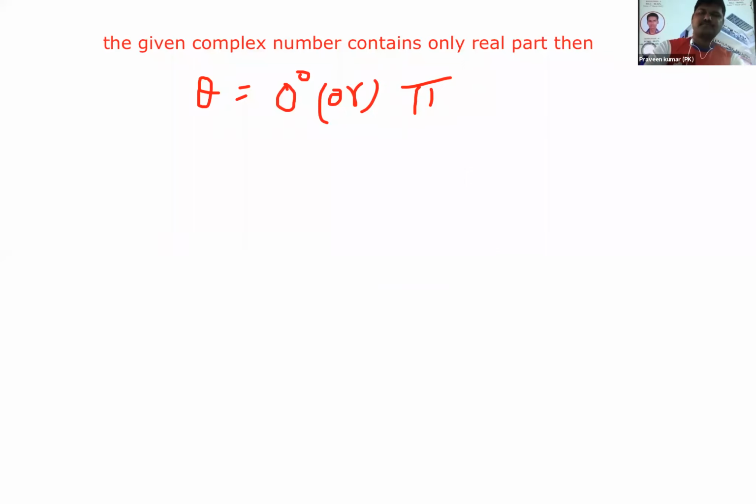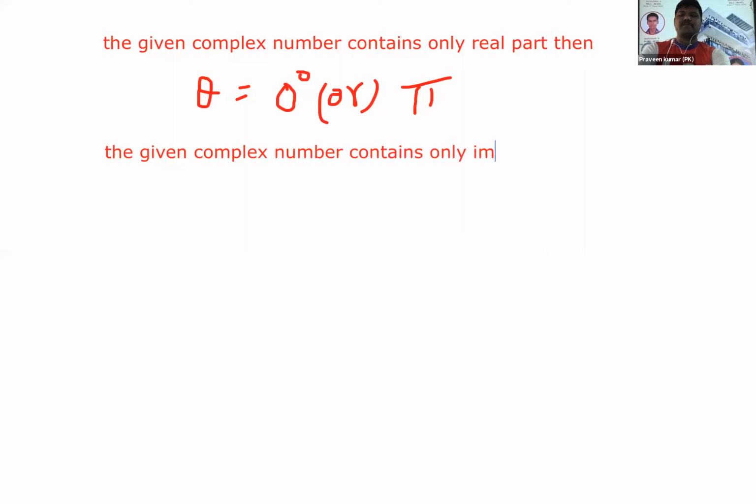Next point, point number 2. The given complex number contains only imaginary part. That means i, 2i, 3i, 1 by 2i, root 3i, like that, only that number.